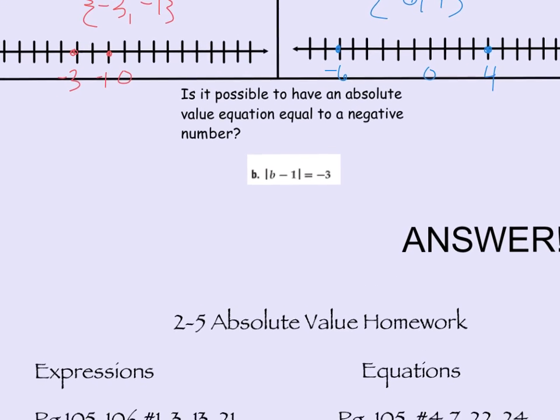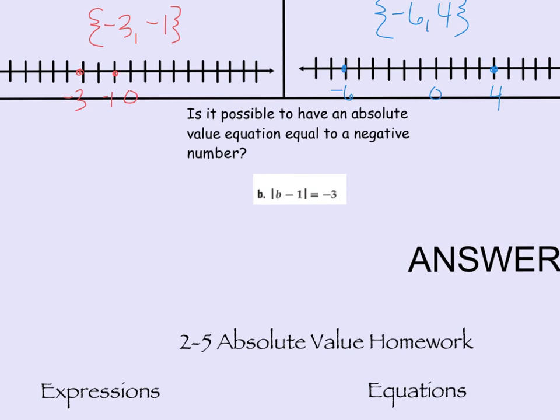So one thing here to think about is, is it possible to have an absolute value equation equal to a negative number? Just think about it. Could that be possible? Is this a thing that can happen? We already know from the rule above, absolute value is always greater than or equal to 0.